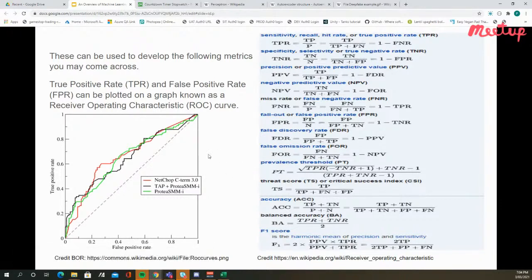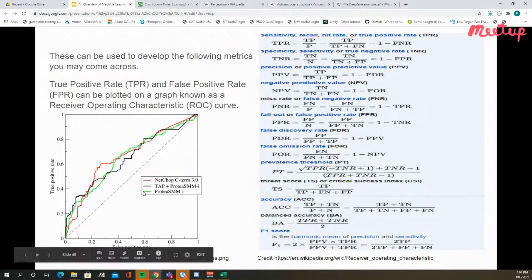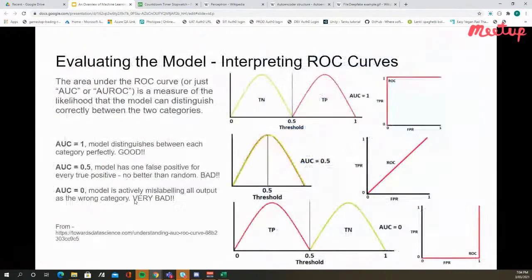Now this is the false positive rate, which is the false positives divided by false positives and true negatives. And the true positive rate is the true positives divided by true positives plus false negatives. And if you have various thresholds that you model against, you can create a graph like this. Now, this is particularly important, and I'll tell you why in the next slide.